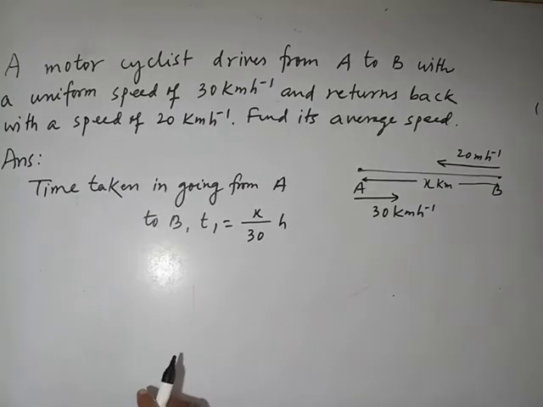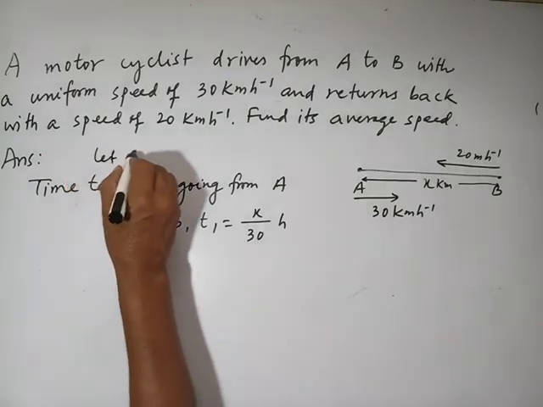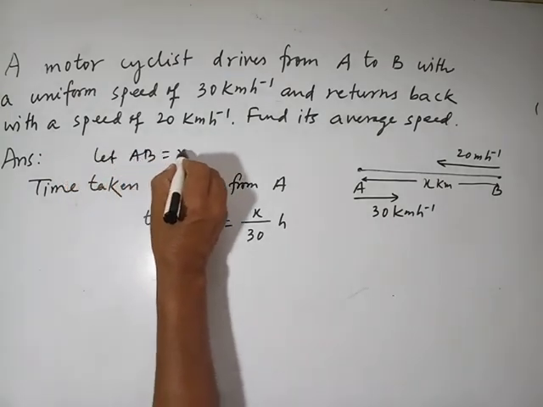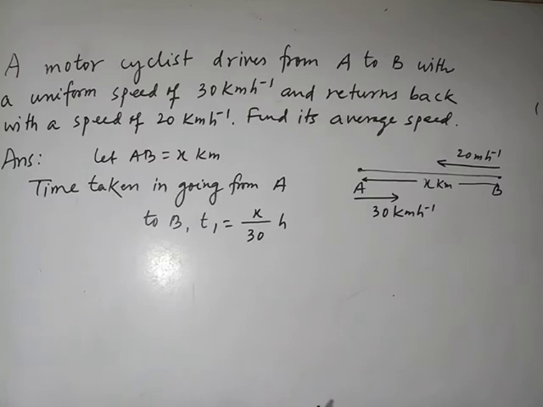Let AB be equal to x kilometers. The distance from A to B is x kilometers. Therefore, the time taken in going from A to B is x by 30.